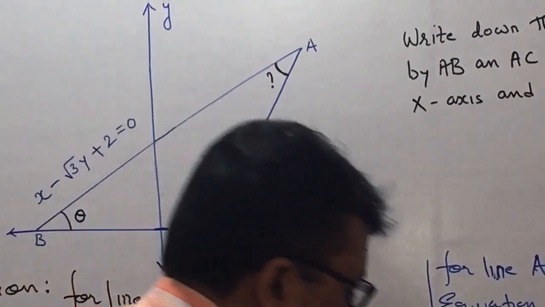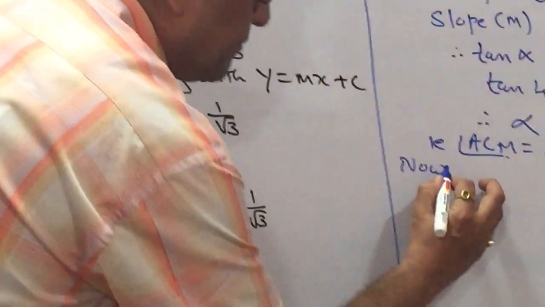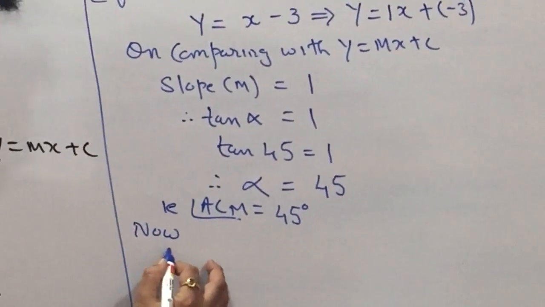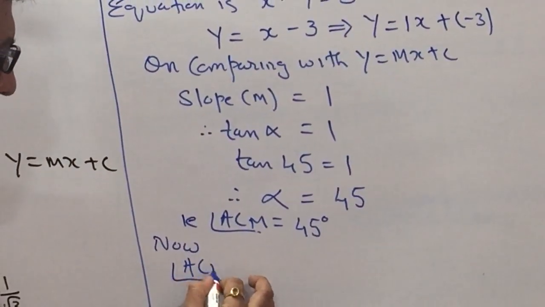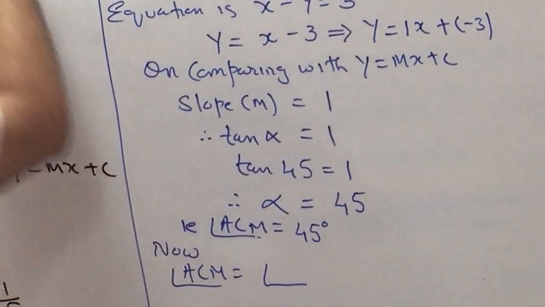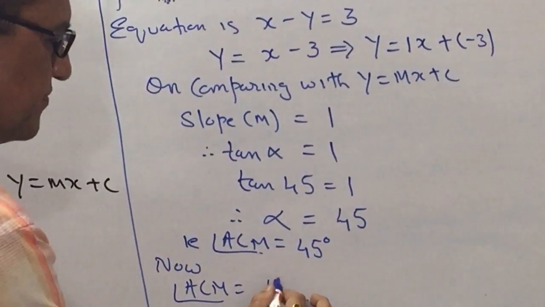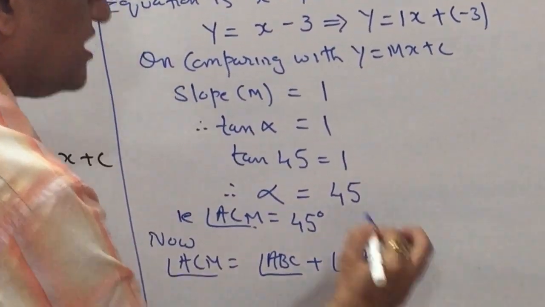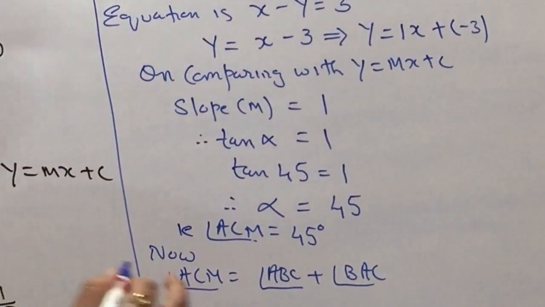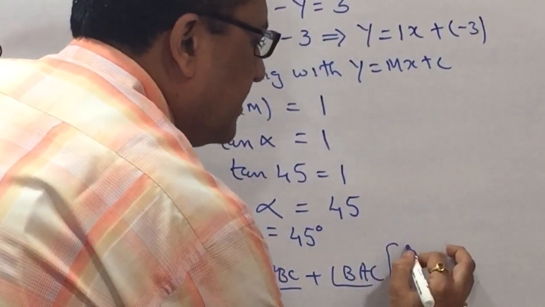So now by using the property of exterior angle, angle ACM is equal to angle ABC plus angle BAC. What is the property we used? We will write down that property.